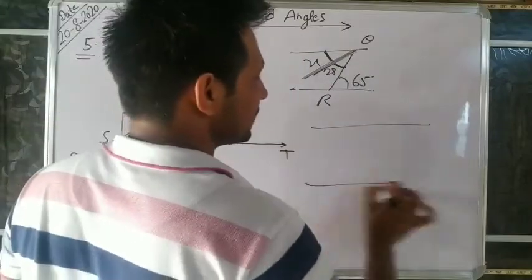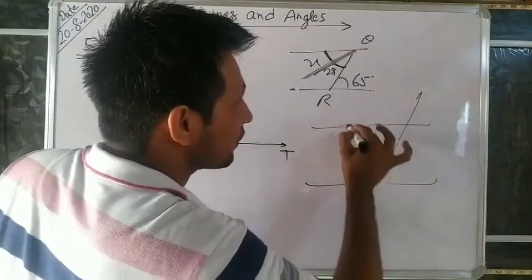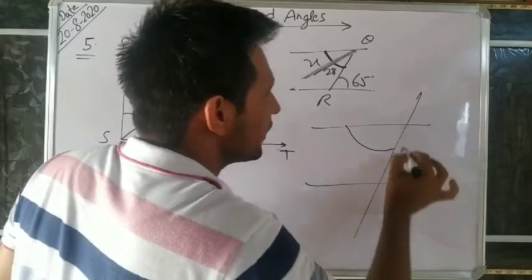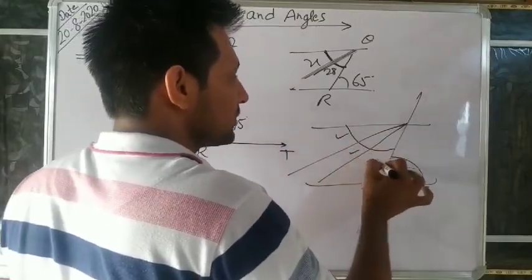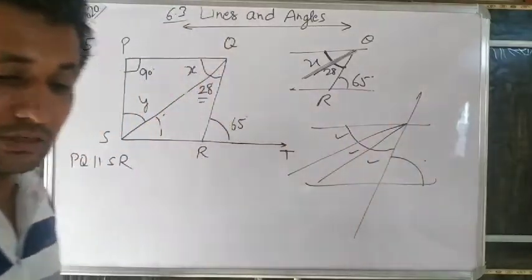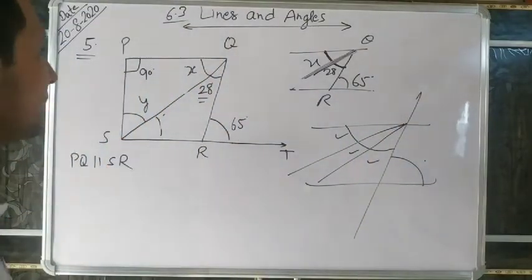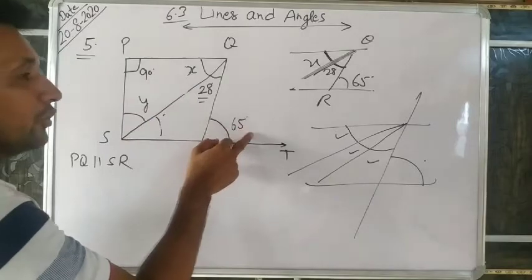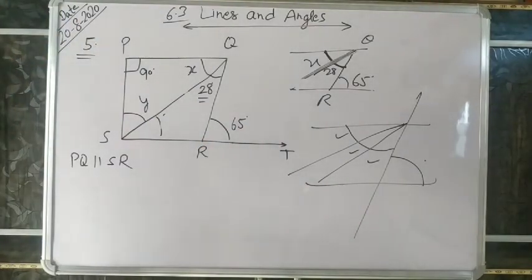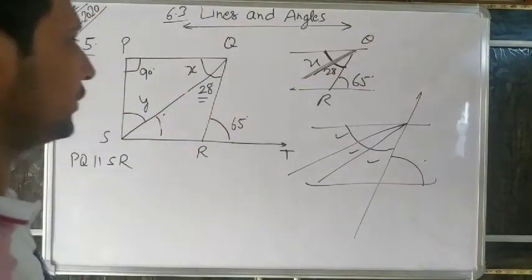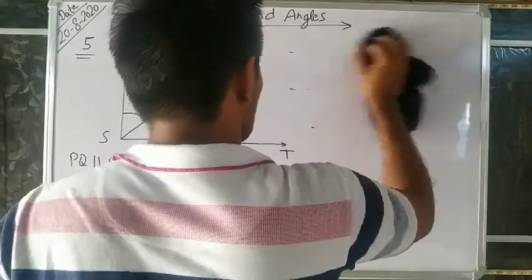For two parallel lines, the total angle equals this one. Do you understand? By this method we can use X plus 28 equals 65 and find X. So any method you can use, whichever you are comfortable with.